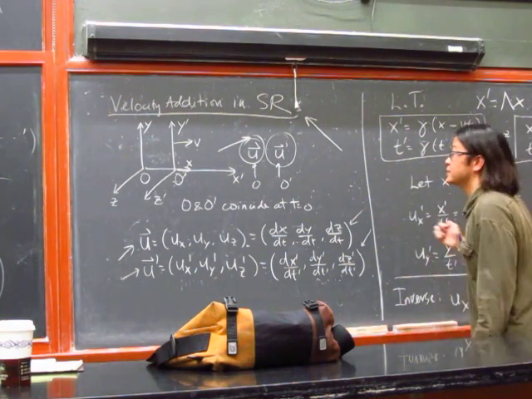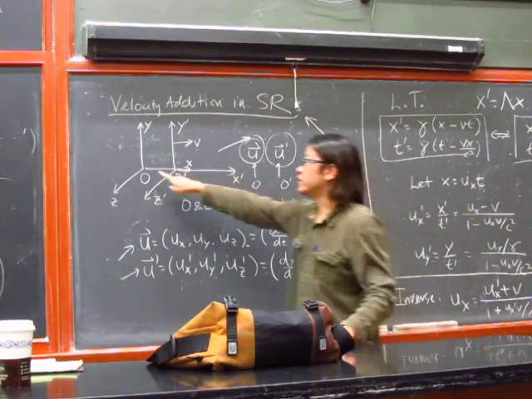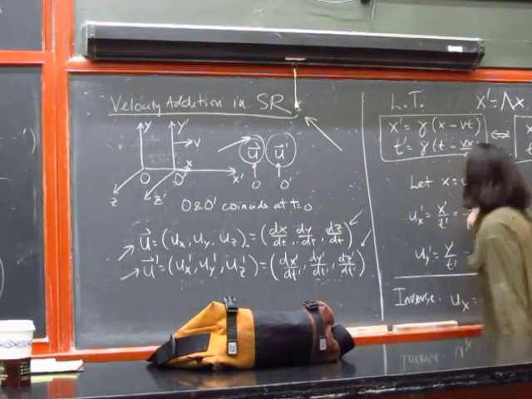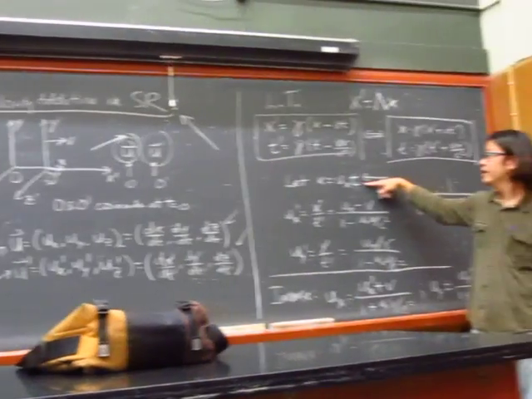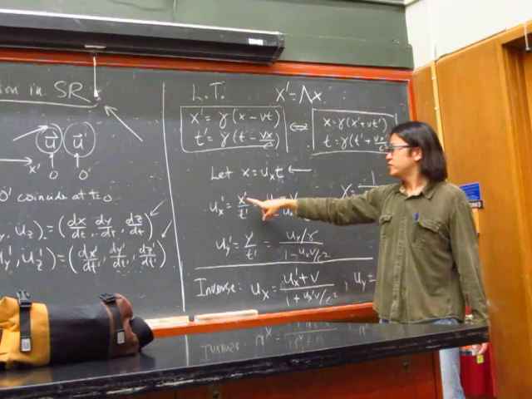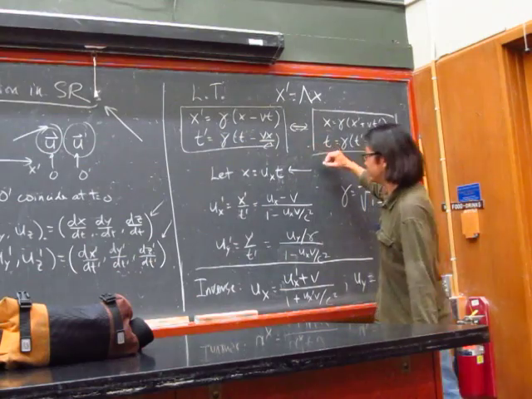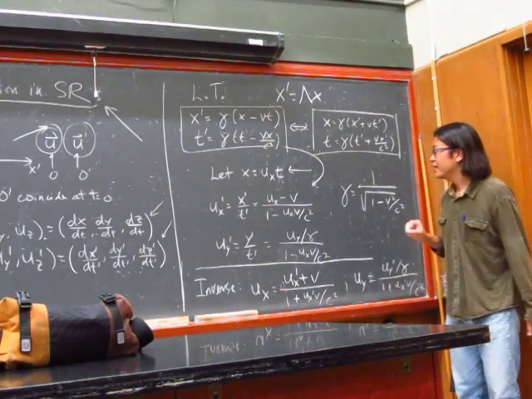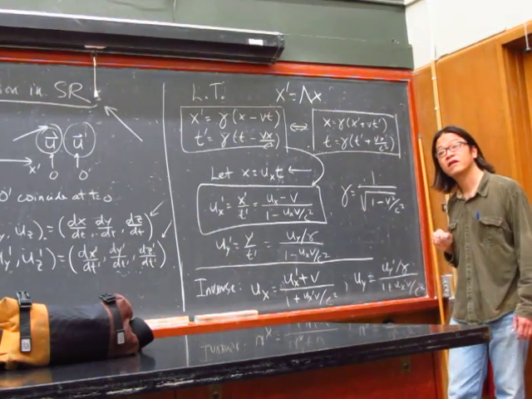To analyze this, let's consider a particle that at time equal to 0 is at the origin O, and it's moving at some velocity. So at some time t later, the position in x is given by ux times t. Ux prime is then equal to x prime divided by t prime, and I substitute the formula from the Lorentz transformation here, and I get ux prime is given by this formula here.